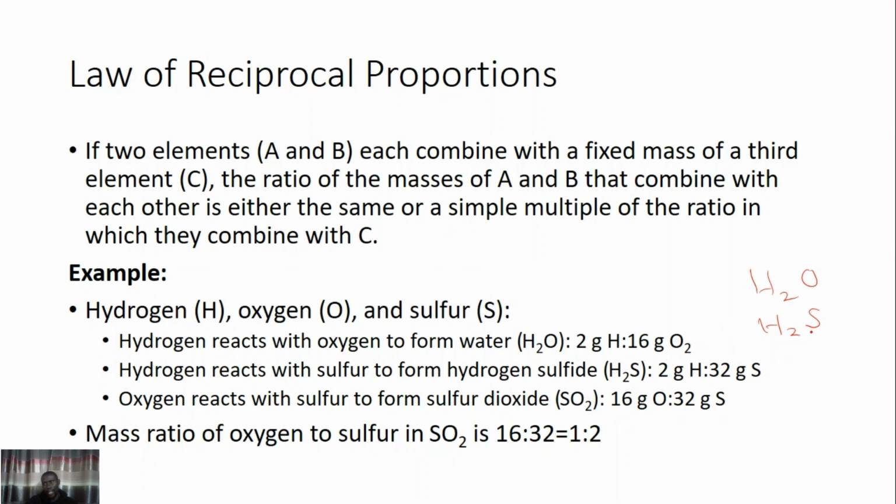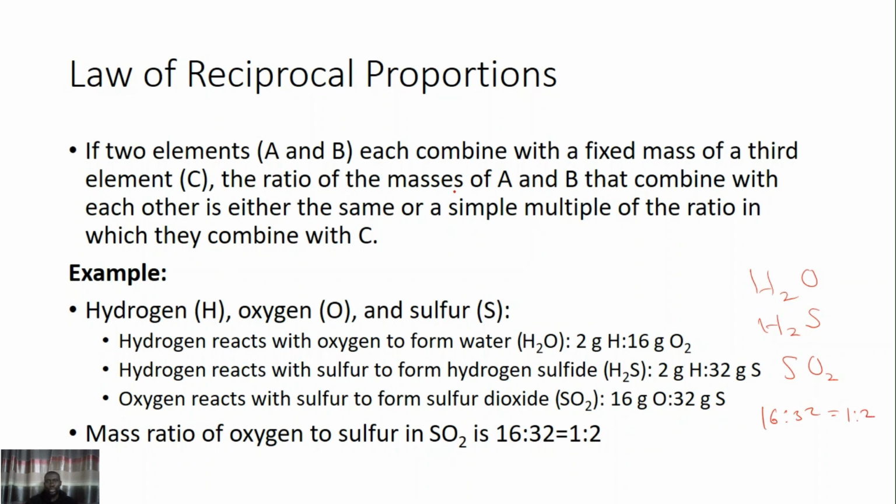Now, when oxygen and sulfur combine to form sulfur dioxide, the ratio in which they combine, which is 16 to 32, is in simple whole number ratio 1 to 2.